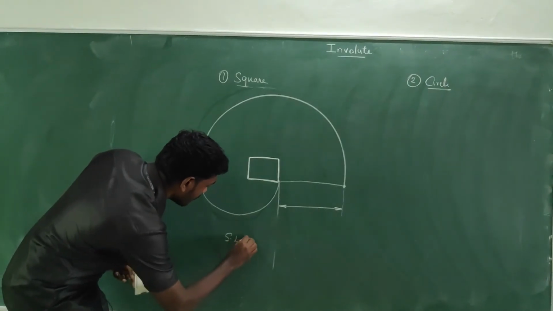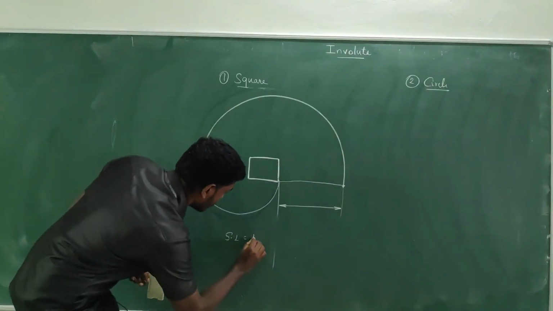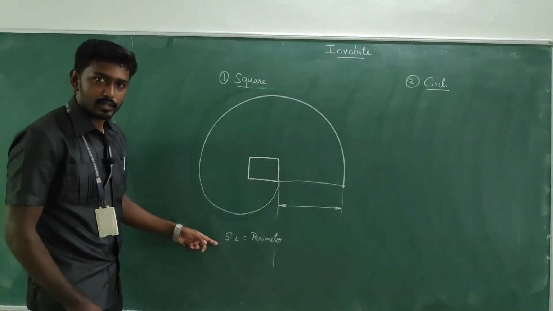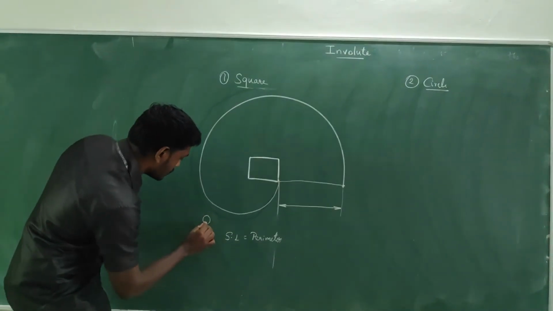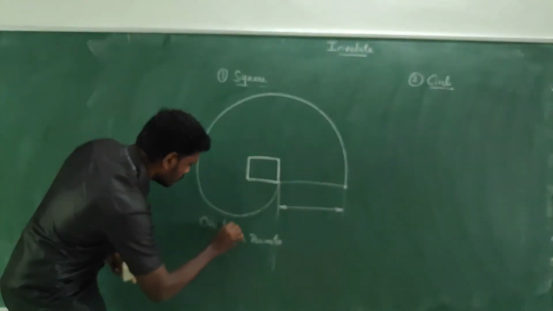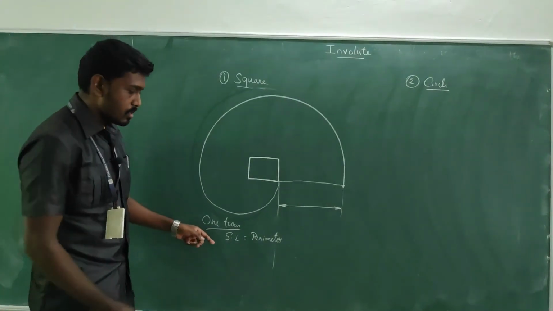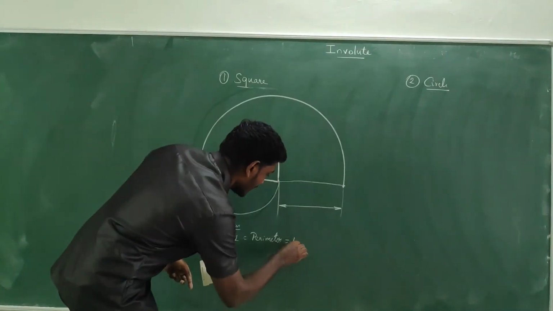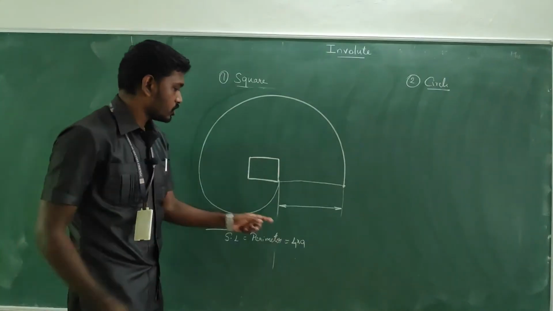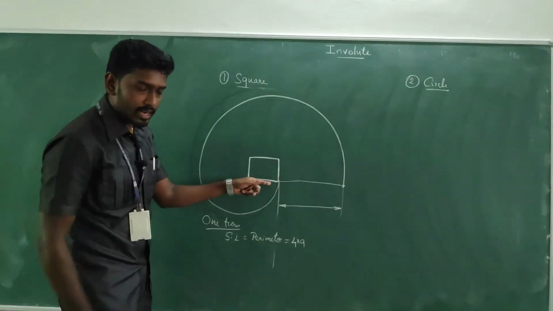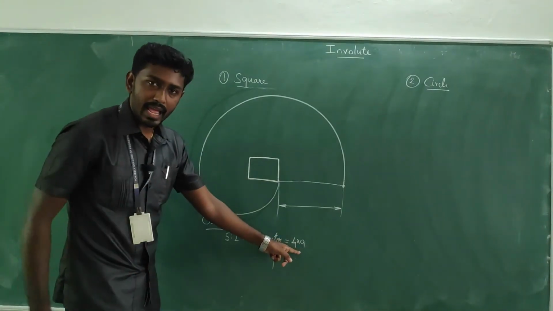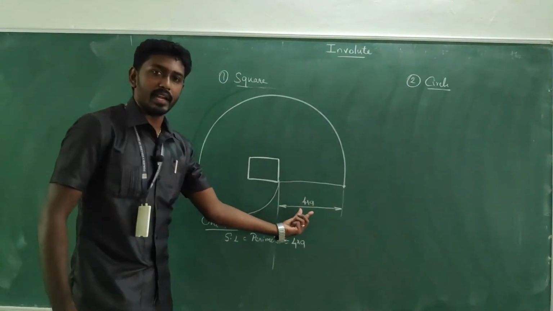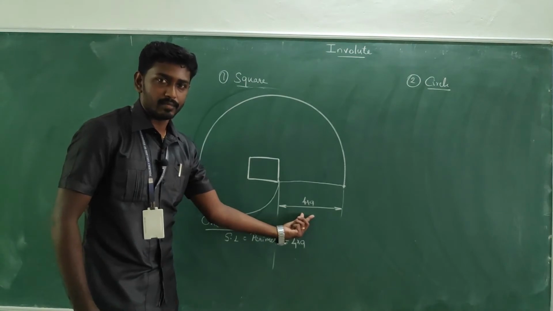The string length is equal to the perimeter. So I just said for one tan. What about the perimeter? Yes, number of sides into its distance. So here the polygon is a square, so the number of sides is 4 into a distance. So this length will be the perimeter length for one complete tan, right?